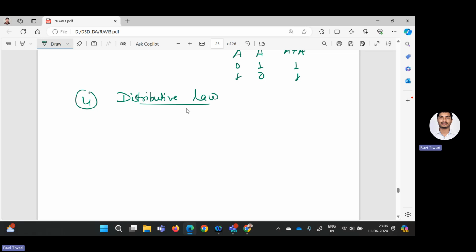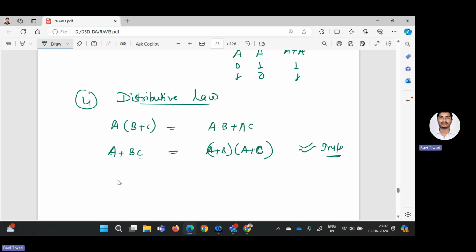This distributive law says that A dot (B plus C), if you open it, you will get A dot B plus A dot C. Similarly, if I write A plus BC, then first you take A OR B, that means A plus B, and then you perform A plus C. This is actually important, because most of the time we get this type of equations where we need to apply the distributive law.